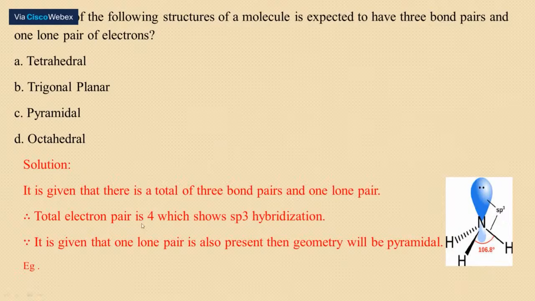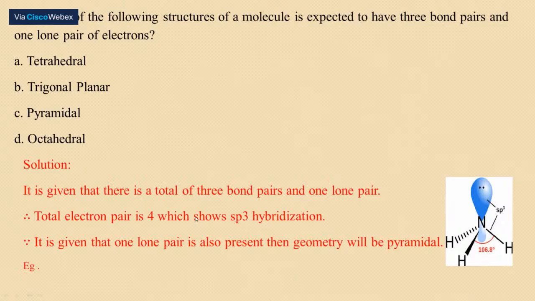Total electron pairs is found to be 4. Whether involved in bond formation or not, the number of electron pairs on the central atom is 4. If you are finding 4 pairs of electrons, that says it is undergoing sp3 hybridization.